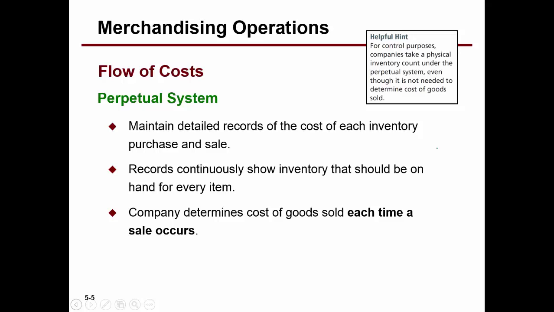We credited accounts payable, cash, whatever, right? When we sold the stuff, we debited cost of goods sold and we credited the inventory. That's called a perpetual inventory system. That's what we'll talk about in this class, and it's all we'll use in this class.